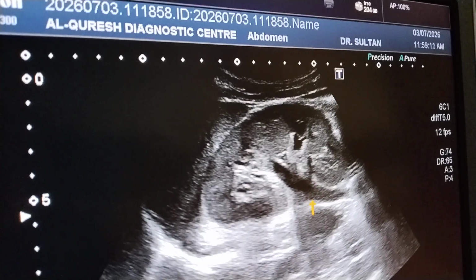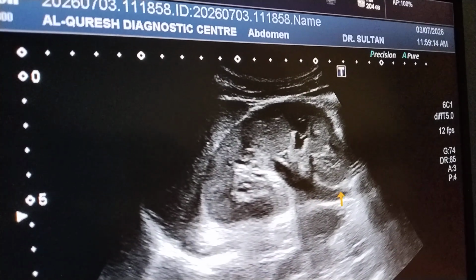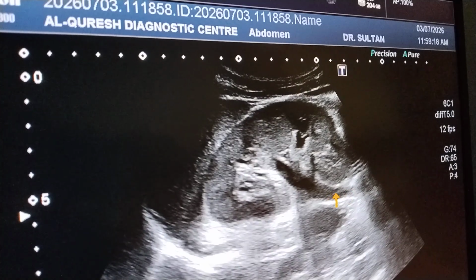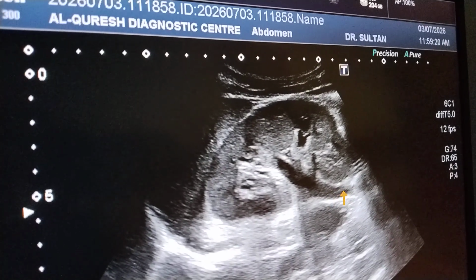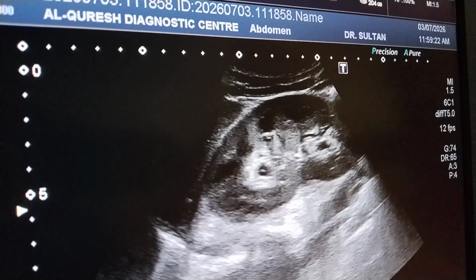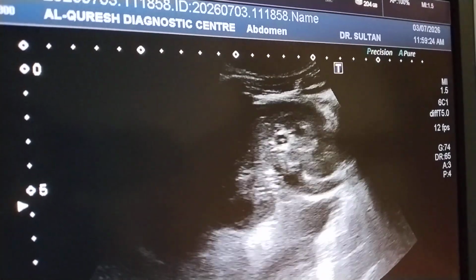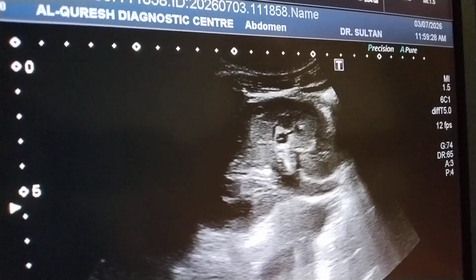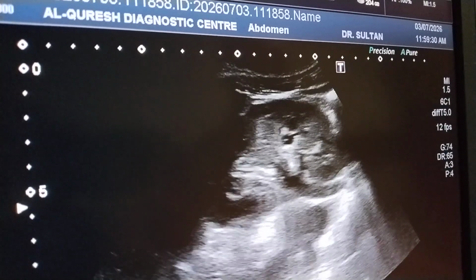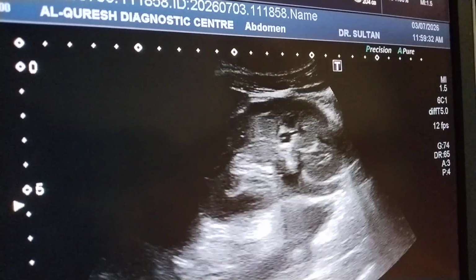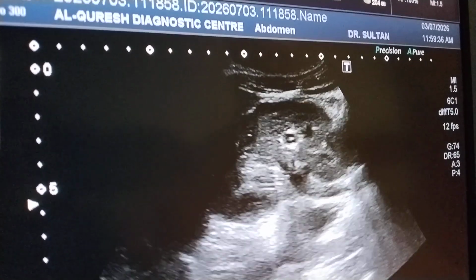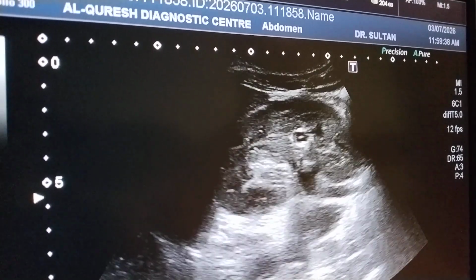This is the PUJ and this is now the ureter in the upper abdomen, the proximal ureter. In the decubitus position, we can only appreciate the PUJ, and it is very difficult to appreciate the proximal ureter in the whole abdomen. So this is difficult.